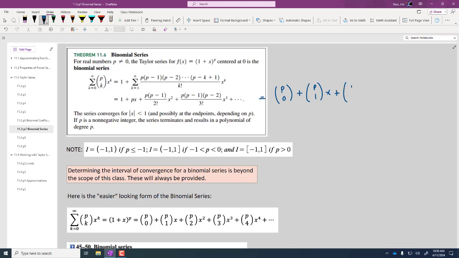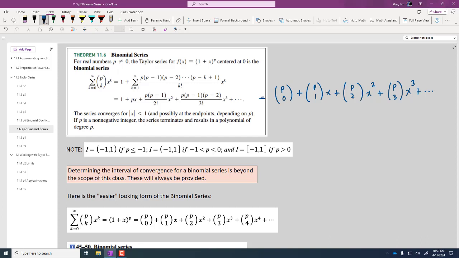So instead of writing out those coefficients in a modified, expanded way, this is what you should be thinking of when you're talking about the binomial series. Just think of the coefficients in that binomial coefficient way. Trying to write all this out and make sense of it is like voodoo.